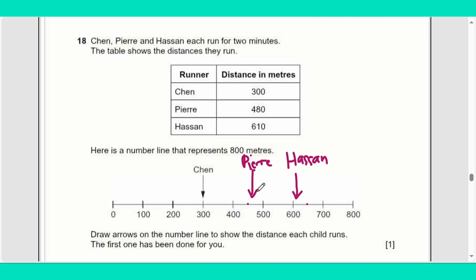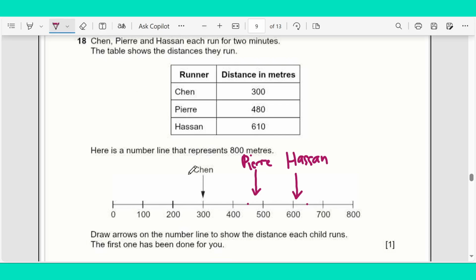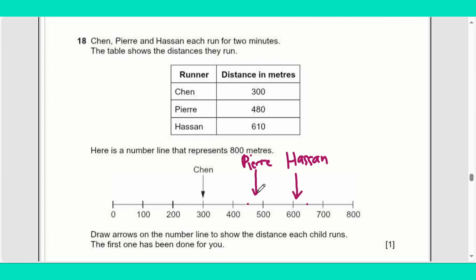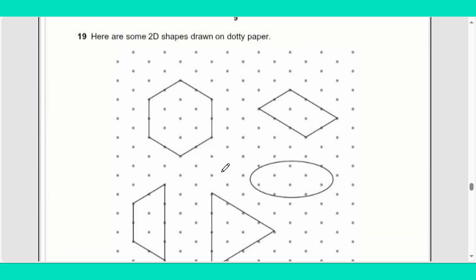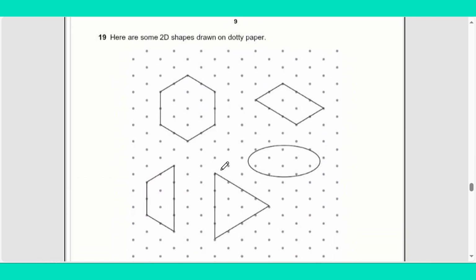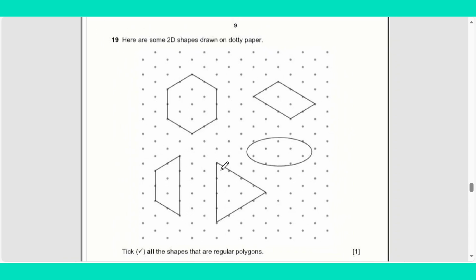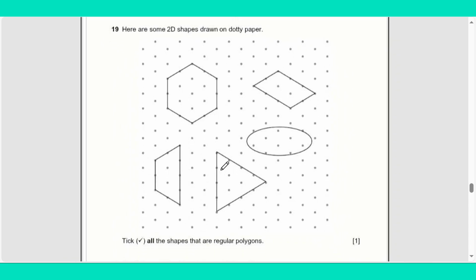Okay guys, now let's move on to number 19. It is 2D shapes drawn on dotted paper. Now tick all the shapes that are a regular polygon. Okay, what's your answer guys? Regular polygon will be here and here.